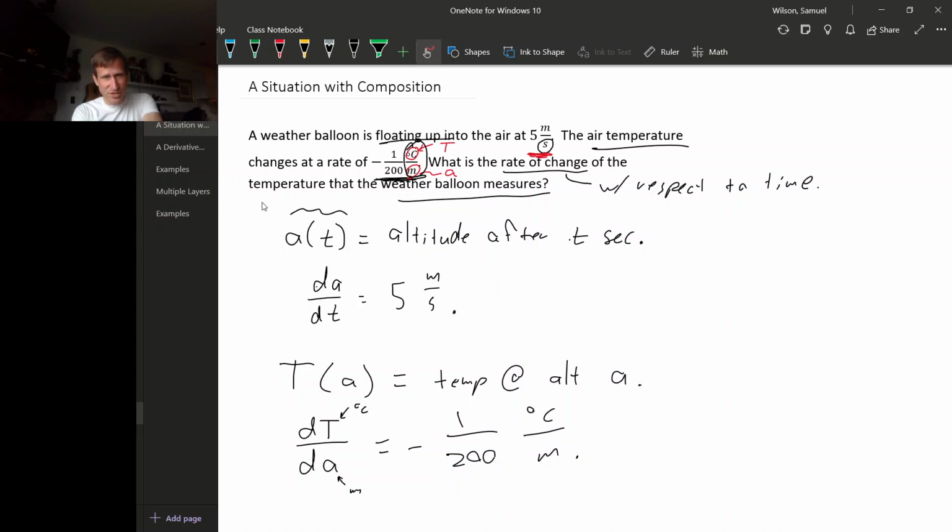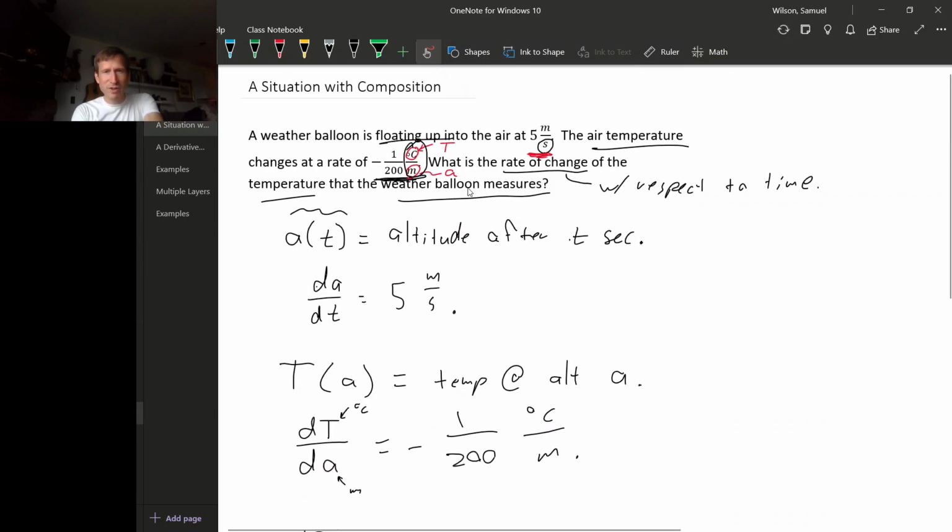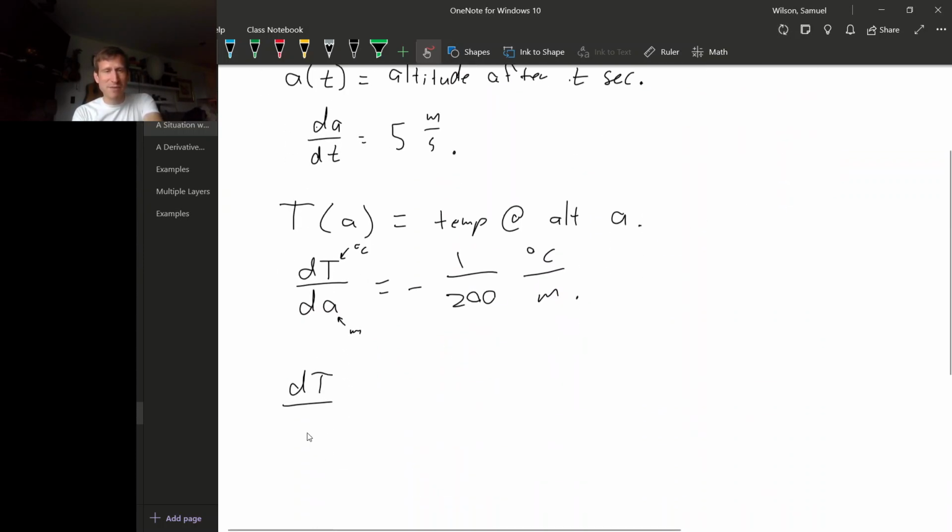So the rate of change of temperature would be some sort of derivative of temperature, dT. But if we want the rate of change with respect to time, that means this should have a d little t underneath it, right? So the units for this would be degrees Celsius per second.